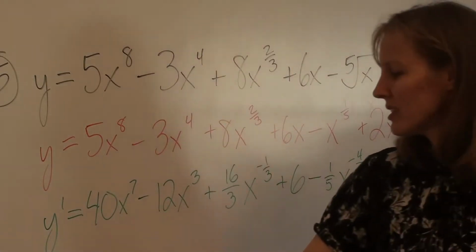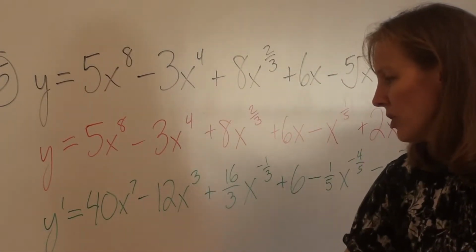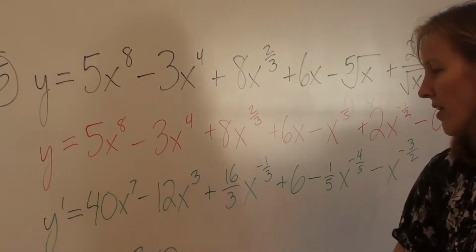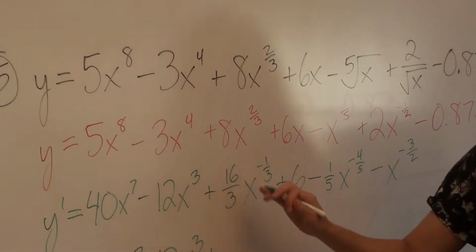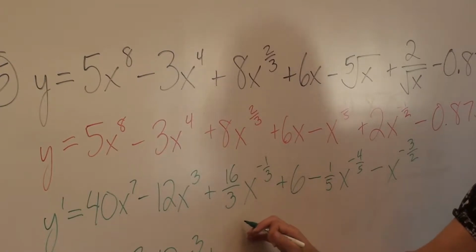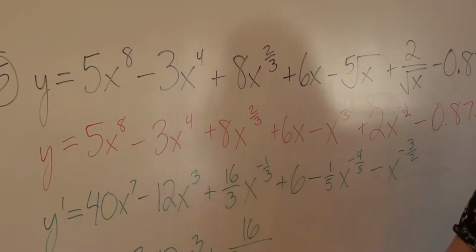Okay, now we got to rewrite this whole thing. 40x to the 7th minus 12x cubed plus, all right, what's going to happen with this one? What's going to be on top? 16. On the bottom we have 3 times cube root of x. 6 is just 6.